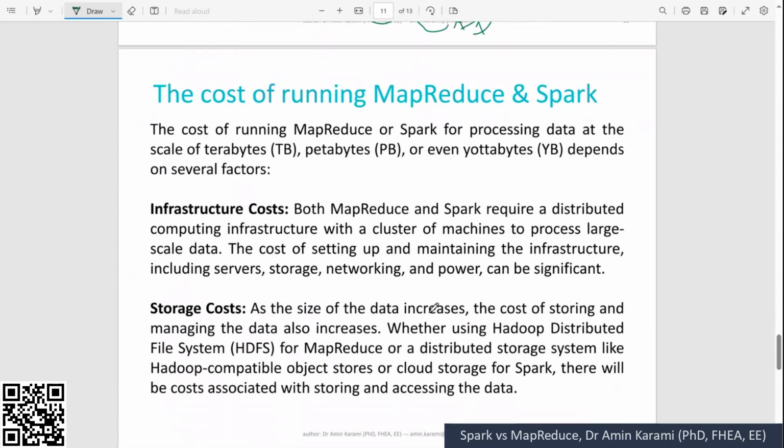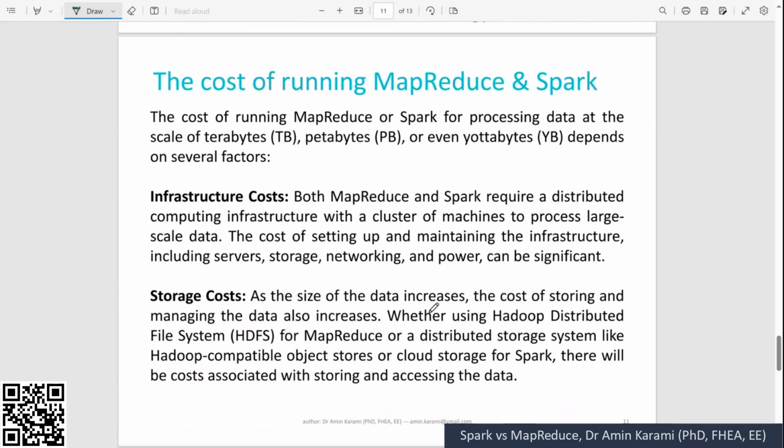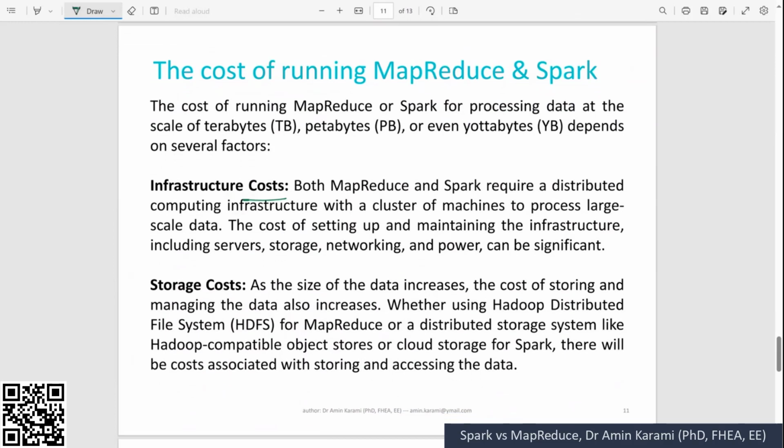So what about the cost? The cost is firstly infrastructure cost. Both need distributed computing infrastructure, but you need to consider how you want to set up your infrastructure: how many servers, how many storages, what about networking and power.